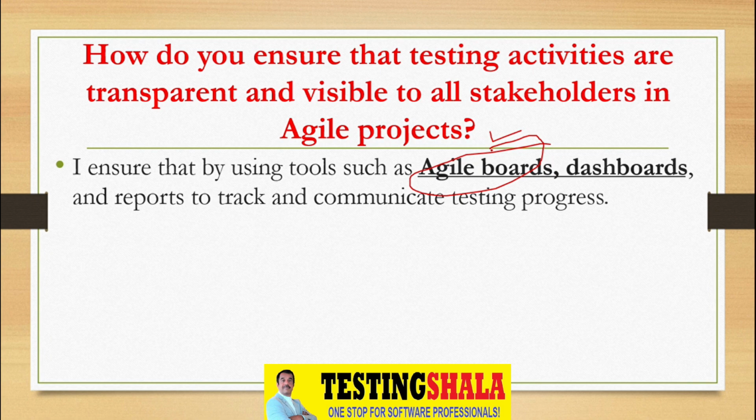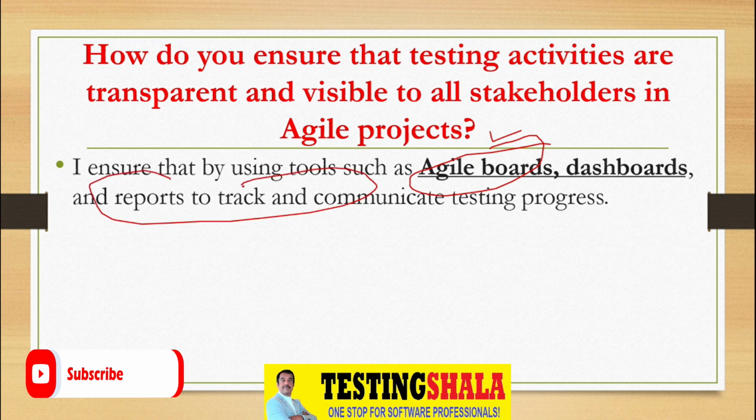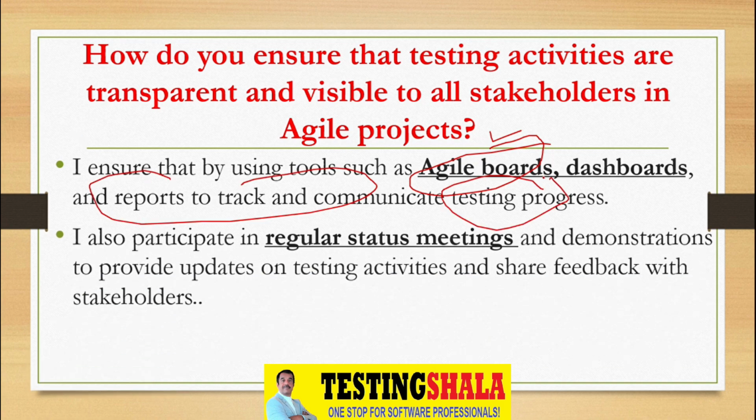We should also keep reports to track and communicate the testing progress to the various stakeholders. We should have regular status meetings with the stakeholders so that we can demonstrate the updates on the testing activities and share the feedback with the stakeholders. This is how we can keep our testing activity transparent and visible to all the stakeholders.